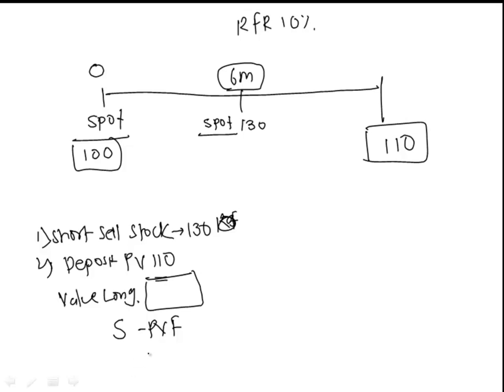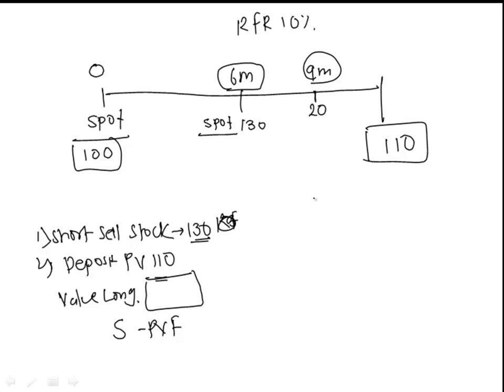Now what is incremental is that somewhere around 9th month, there is a dividend of, let us say, 20 rupees. So now when you short sell the stock, there is one more cash flow that you need to take care of. You need to pay 20 to the broker 3 months from today.